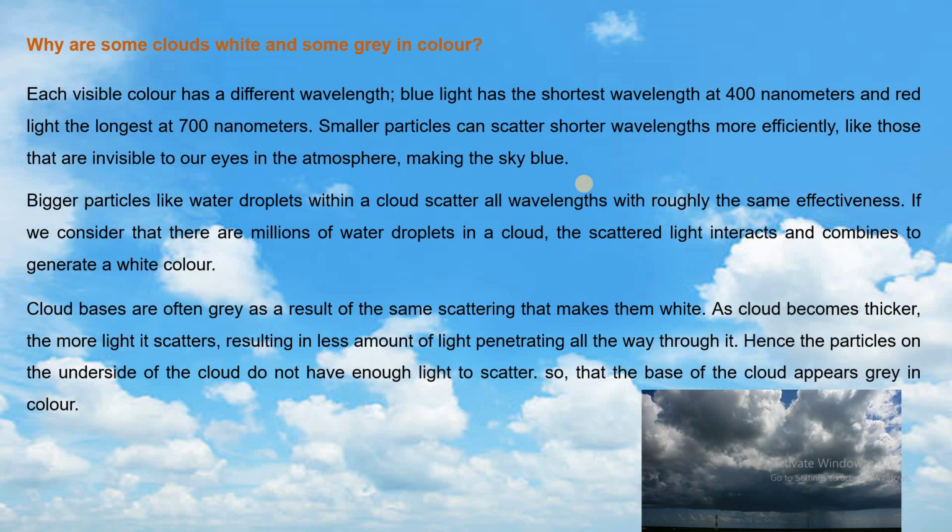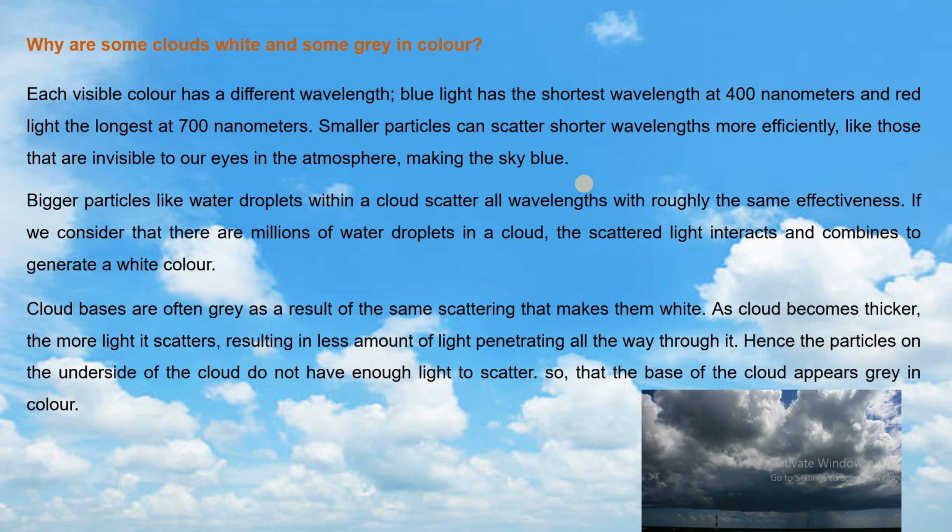But in the case of clouds, generally smaller particles scatter shorter wavelengths, and bigger particles scatter longer wavelengths. When we compare the sizes, the visible wavelengths are generally smaller than the particles inside the cloud.